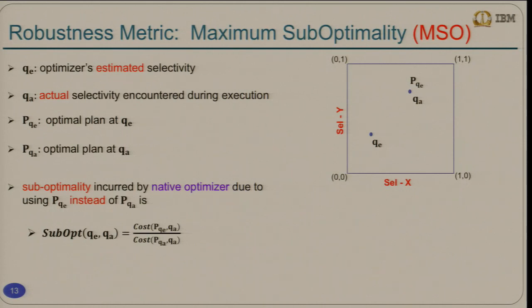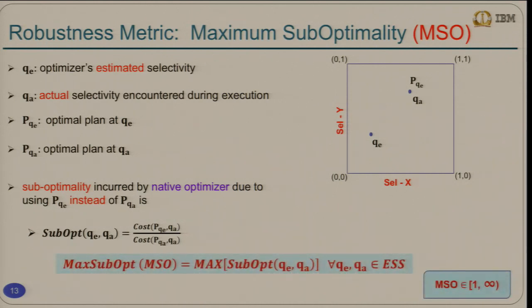So the cost it is going to incur is cost of P QE at QA, whereas it should have incurred a cost of P QA at QA. Okay. So this is the suboptimality if you picked QE as the estimate for the actual query location QA. Okay.